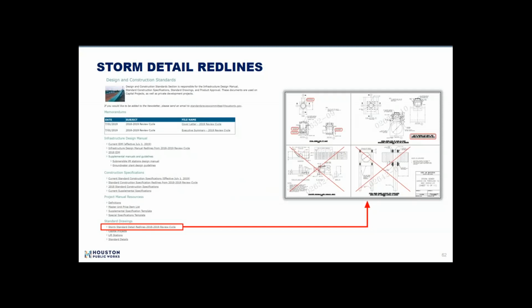There's a link under the standard drawings where you can see the red lines. Within that PDF, anything that's bubbled in red is something that we changed. Either we struck out text or we added text, or if something is X'd out, obviously that means that detail is no longer available.